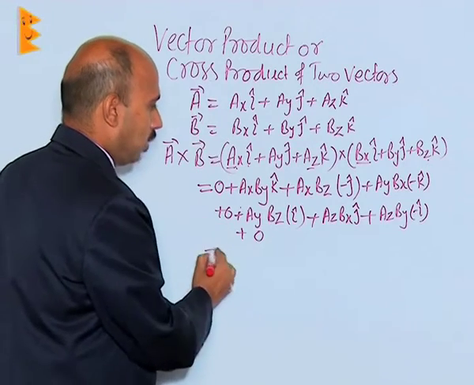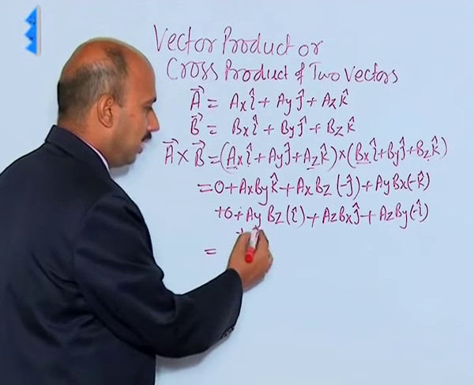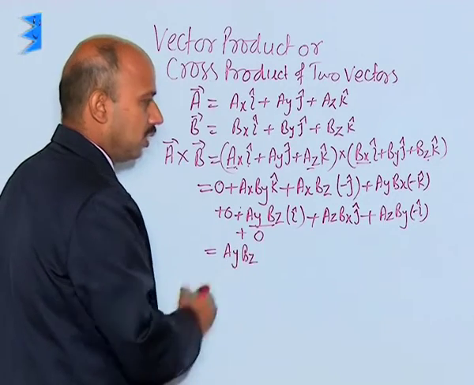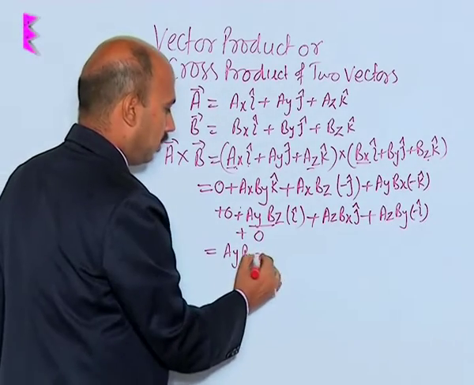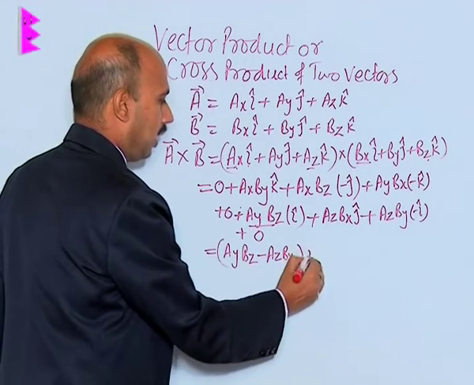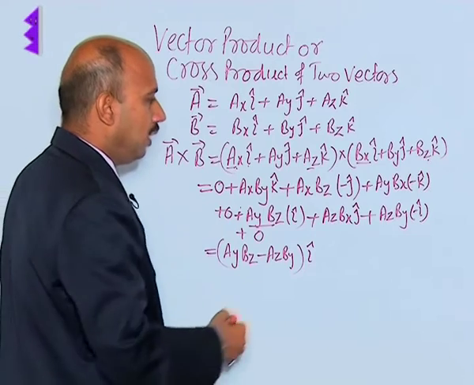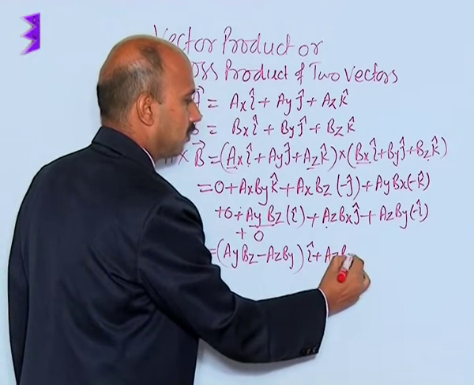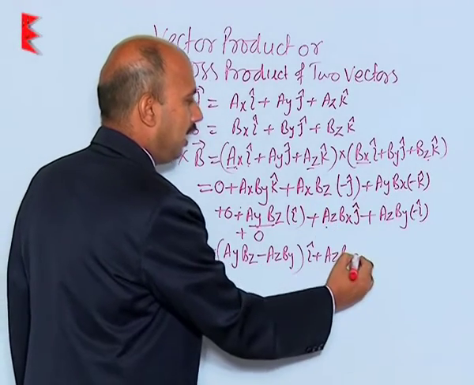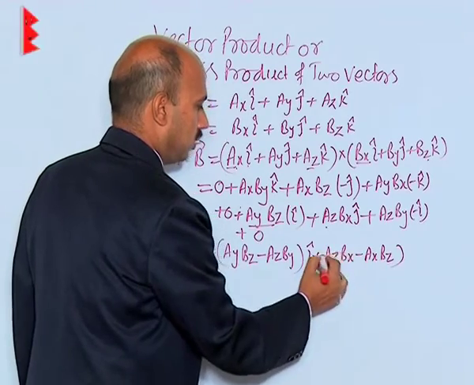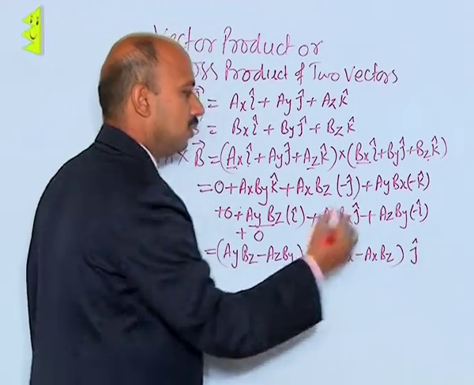Now we club all these things together. First see i: AY BZ, this here i, and minus AZ BY i cap. Now here AZ BX j, and here minus AX BZ j cap.